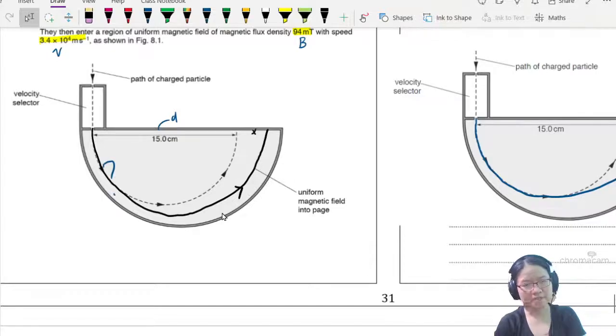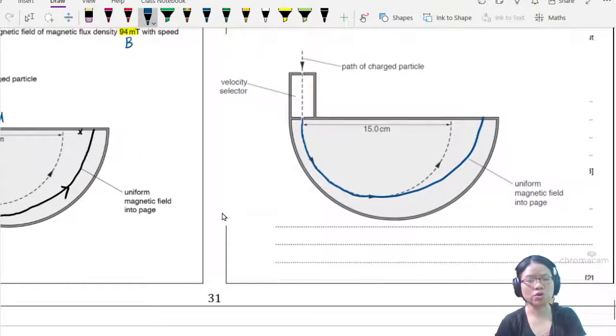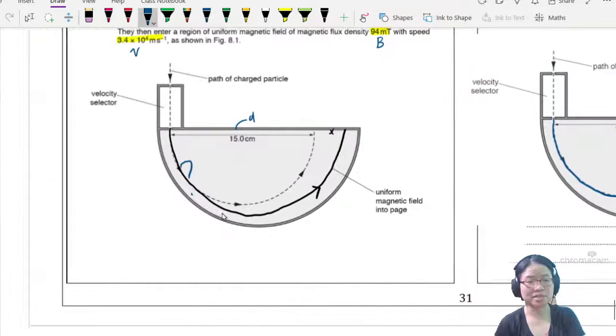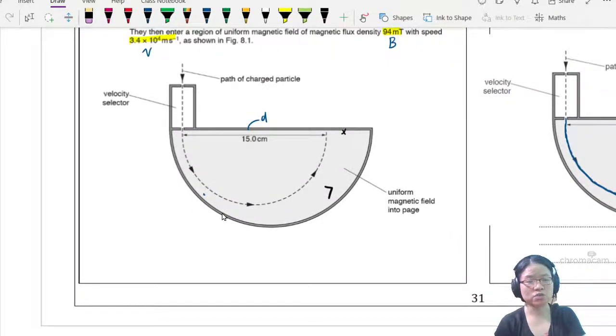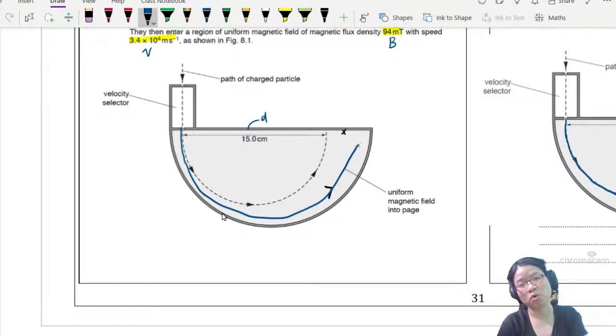What is happening? If you want to draw a correct diagram, the diameter has to start increasing since the beginning. So this one should already increase more and more, and then hit.